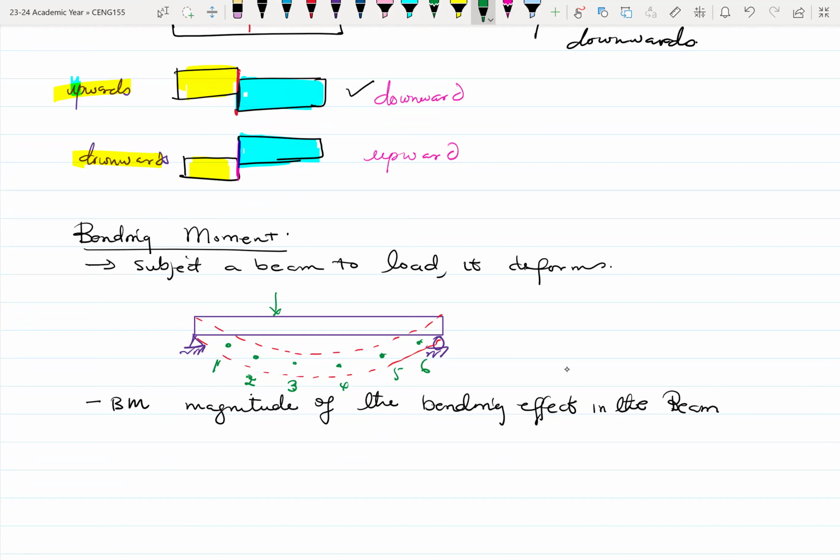And just like our structure, we can have clockwise and counterclockwise bending moments. So let's take note of that.